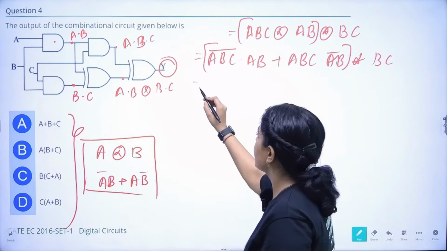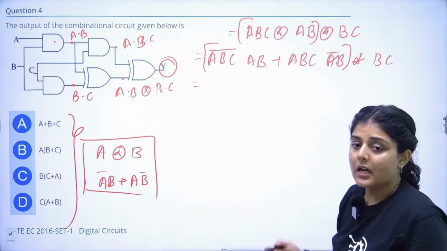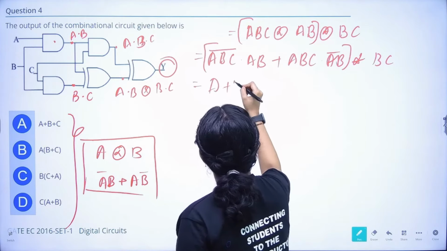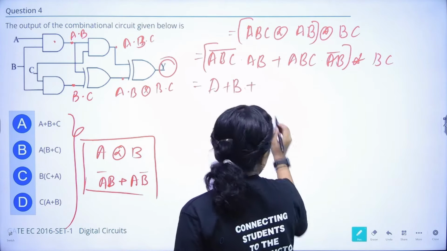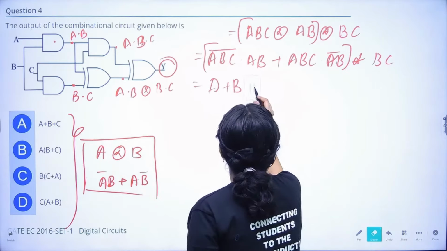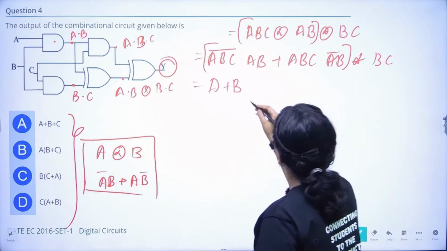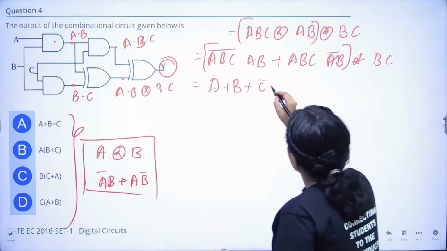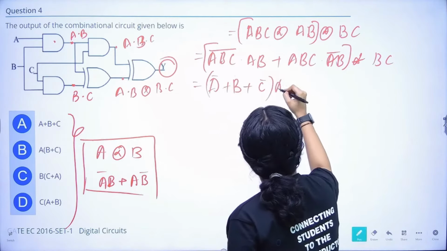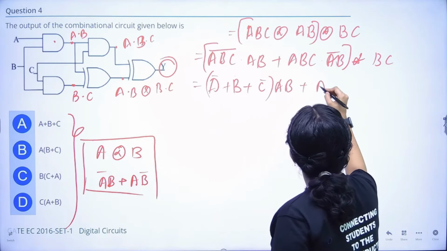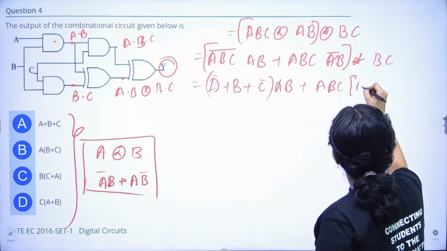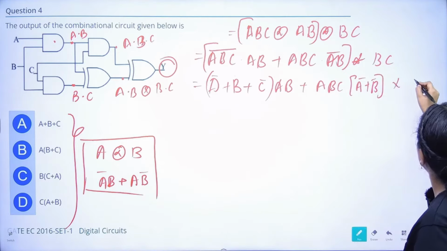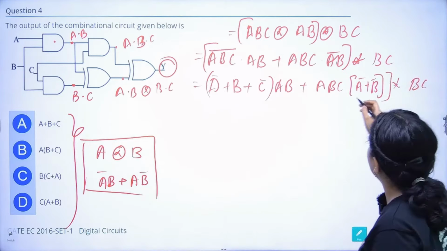Let's open this, this is a whole bar. We can apply De Morgan's again. So that will be A bar plus, so dot will be converted into plus, because AND gate will be converted to OR with complements, into AB plus ABC with A bar plus B bar, and this whole XOR with BC.